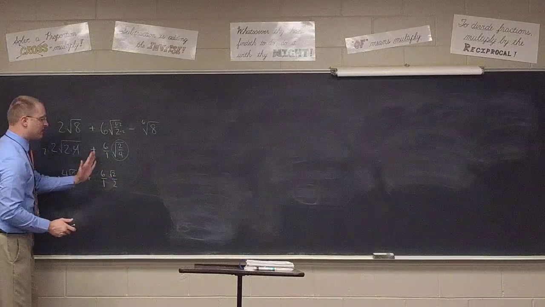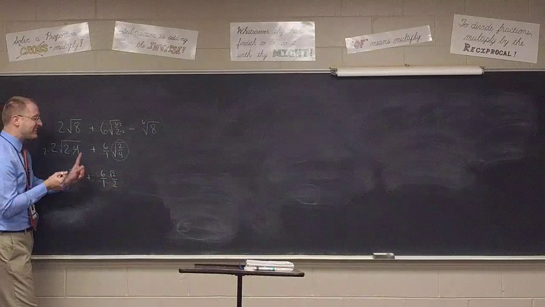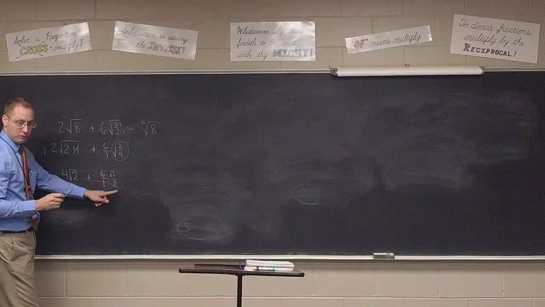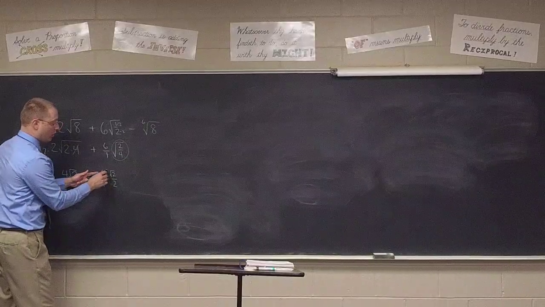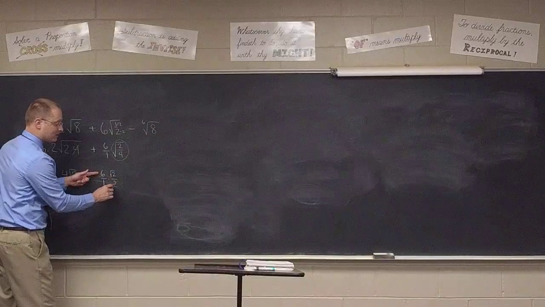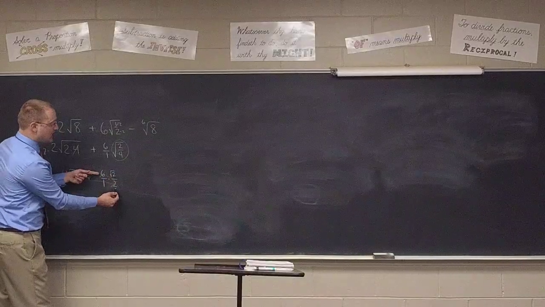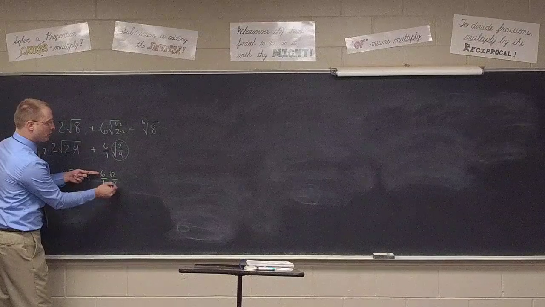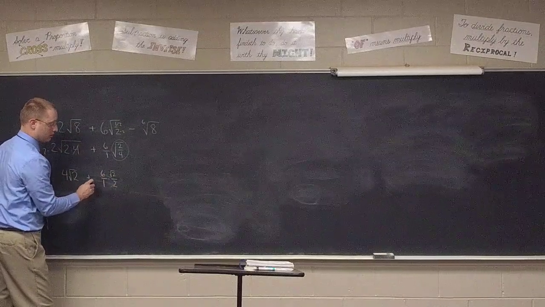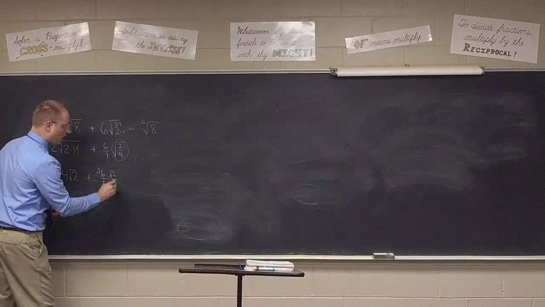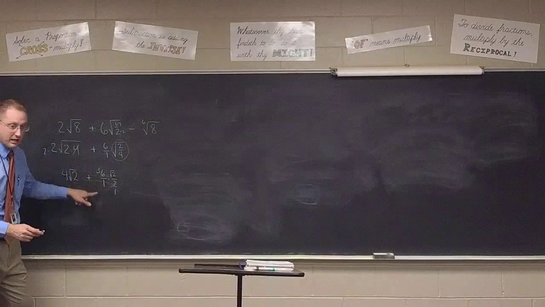Now remember, this is 6 over 1 times the square root of 2 over 2. And remember, with multiplying fractions, we said we can cancel a numerator with a denominator. So seeing it this way will help you remember the 2 and 6 can actually cancel, class, to give me 3 and 1. And now my only denominator is a 1.